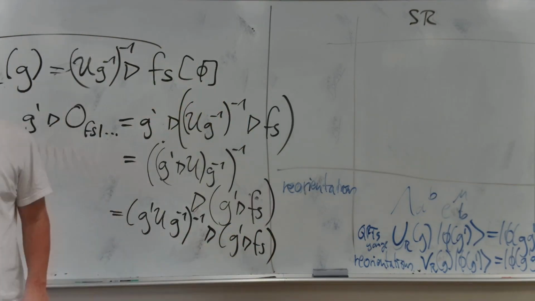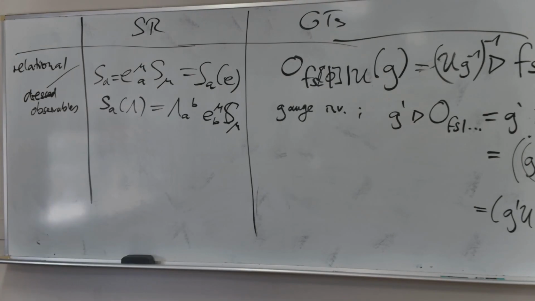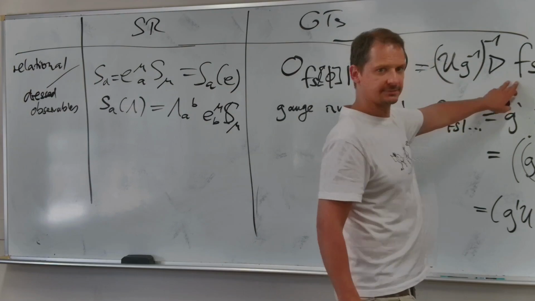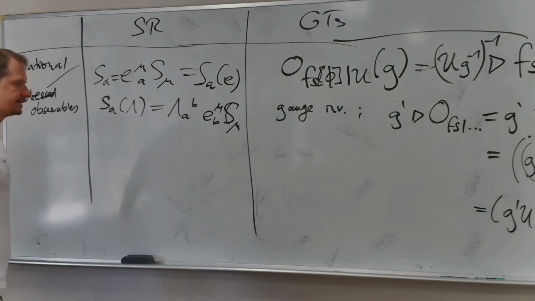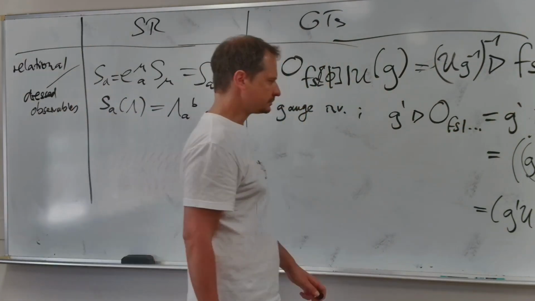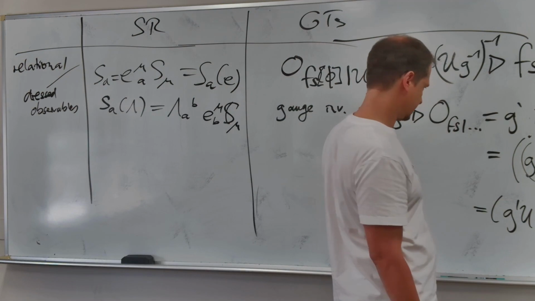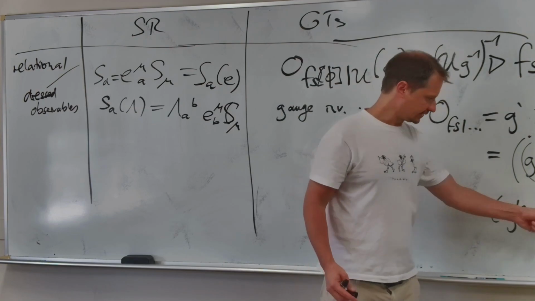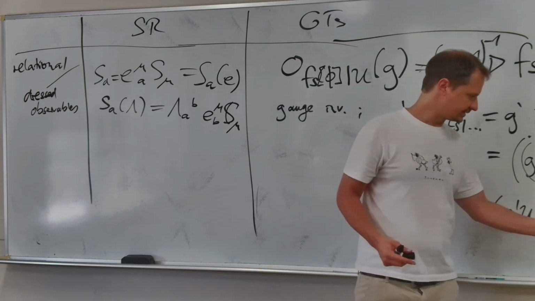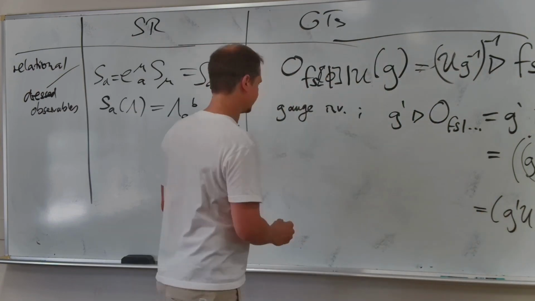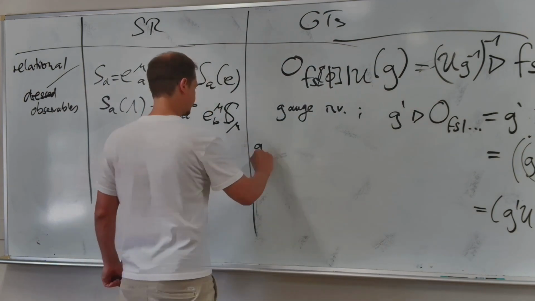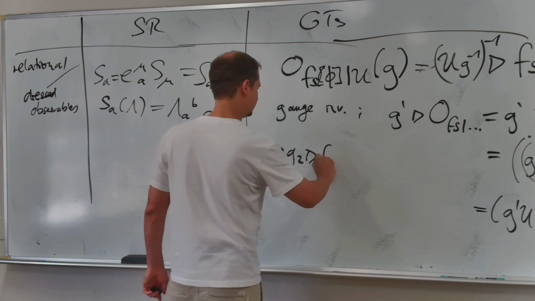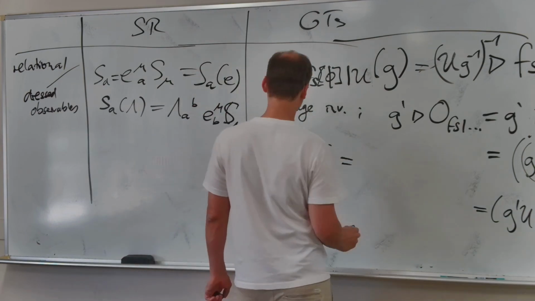I'm just leaving it in a somewhat abstract form because the precise form of that equation depends on what the functional F_s is. Okay, I forgot to say, of course, that there's something like g1, g2, F_s.